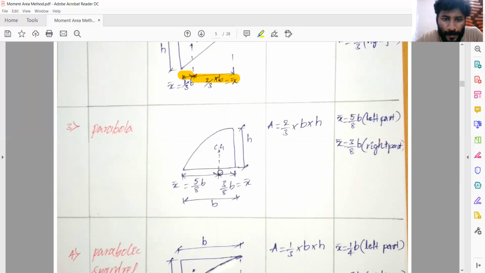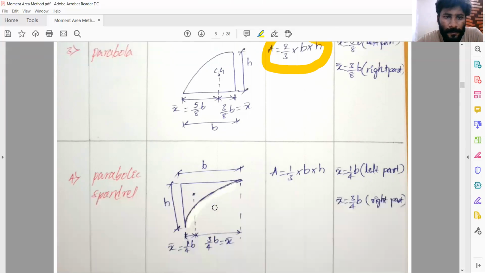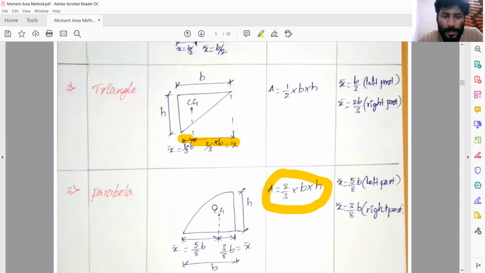The centroid is always at a distance of 3/8 times B from the straight edge, and the remaining left part is 5/8 times B. The total length is B. So the area is equal to 2/3 into B into H. X bar is 5/8 times B on this side and 3/8 times B on the right part.